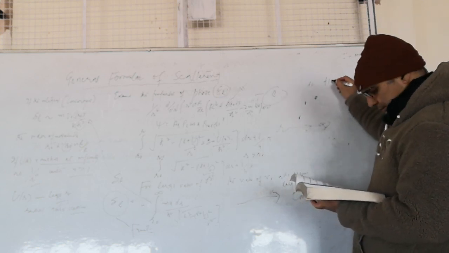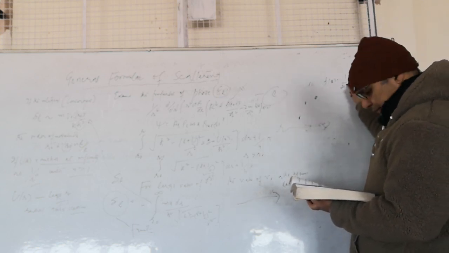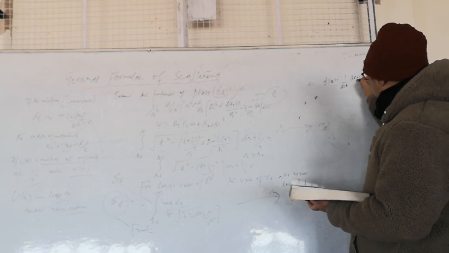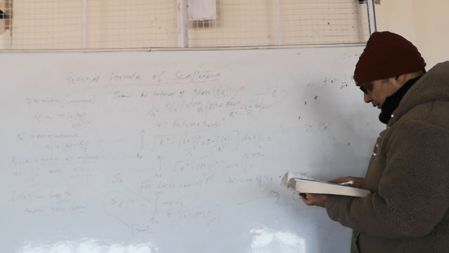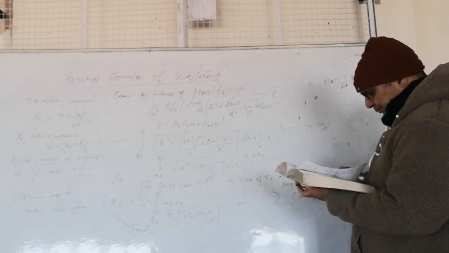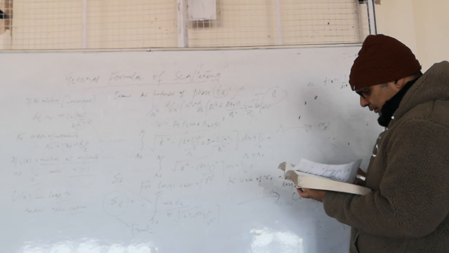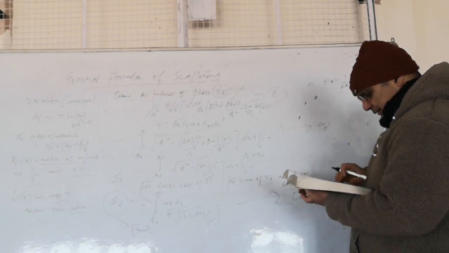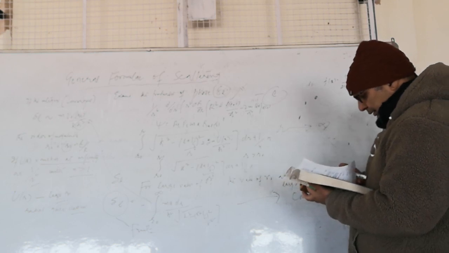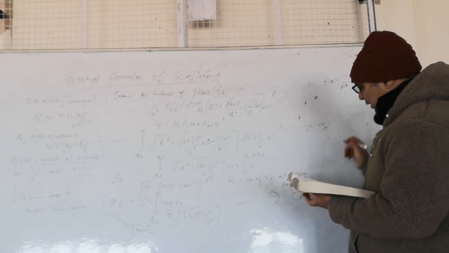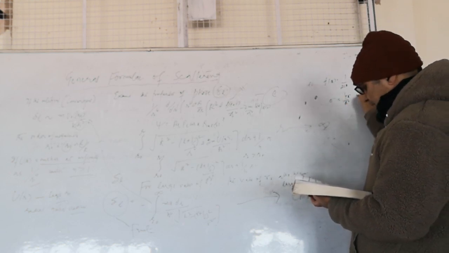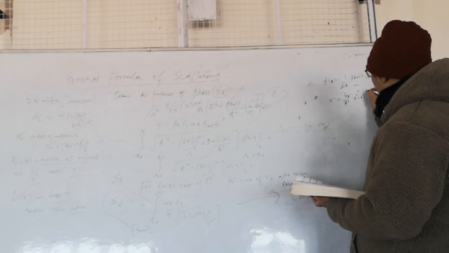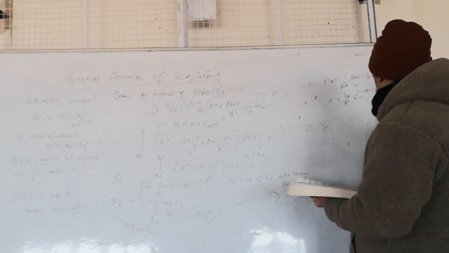Theta was 1 by 2 times the square root of k, sum of (2l plus 1) times (S_l minus 1) P_l cos theta. This was the scattering cross section, which came out as k square sigma equal to the sum from 0 to infinity of (2l plus 1) sine square delta.